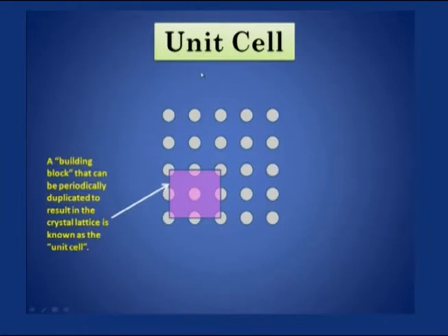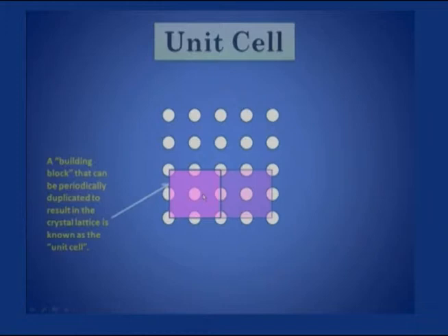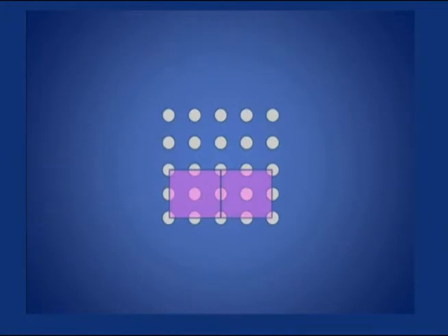Now, this is a unit cell. What is a unit cell? A building block that can be periodically duplicated to result in the crystal lattice. It is known as the unit cell. By repeatedly translating this, I should be able to obtain the entire lattice.